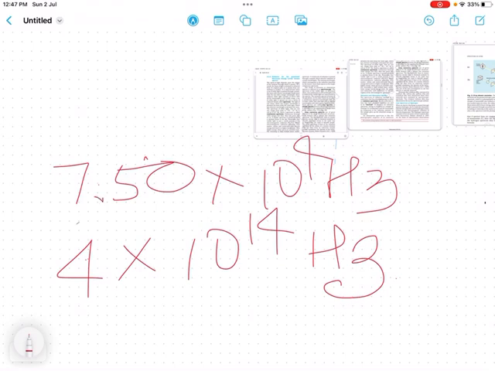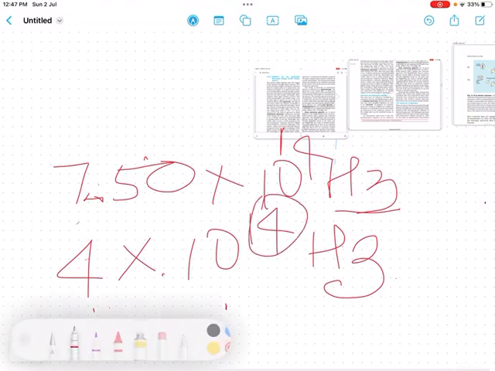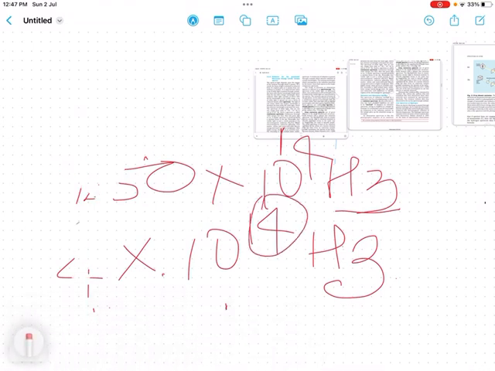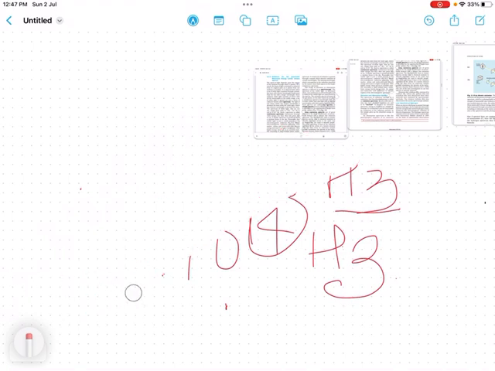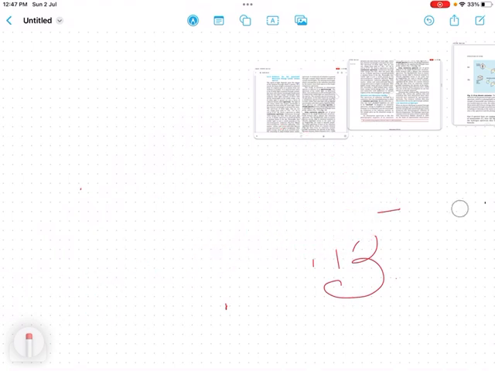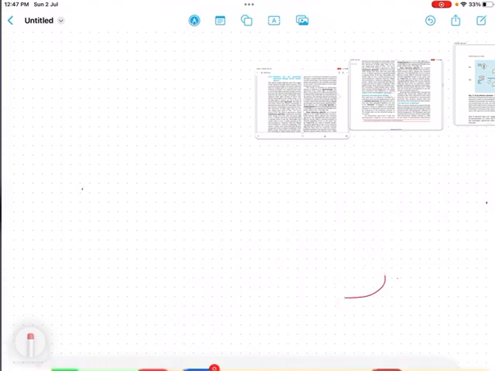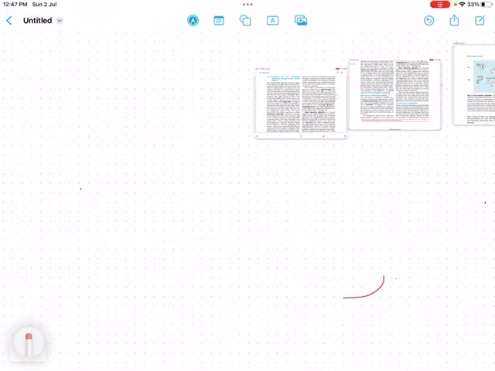There is no mile difference, so you should remember it. Repeat it with me: 7.50 into 10 power 14 hertz, and the second one, red, is 4 into 10 power 14 hertz.